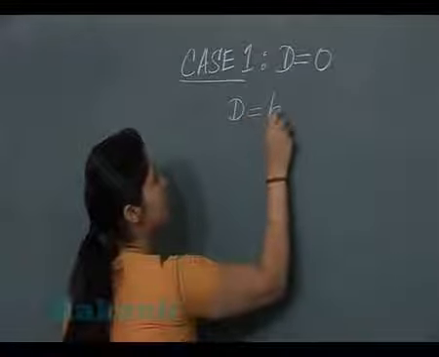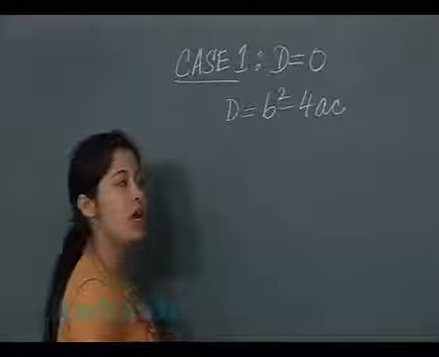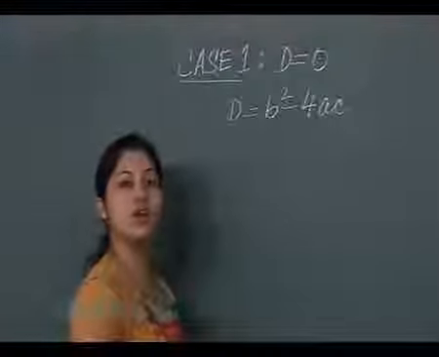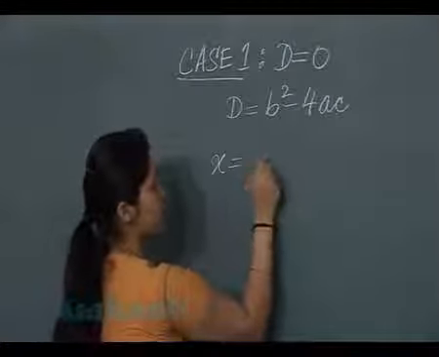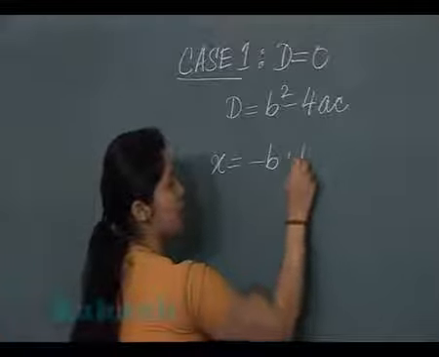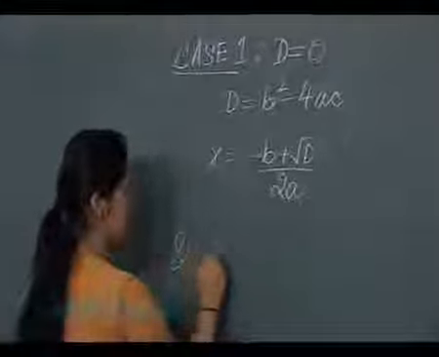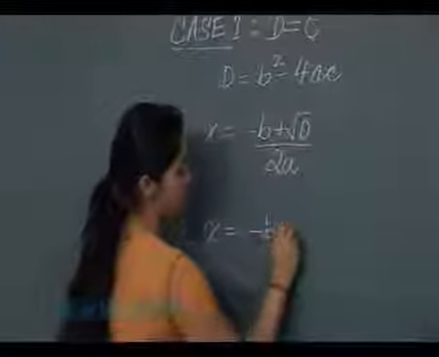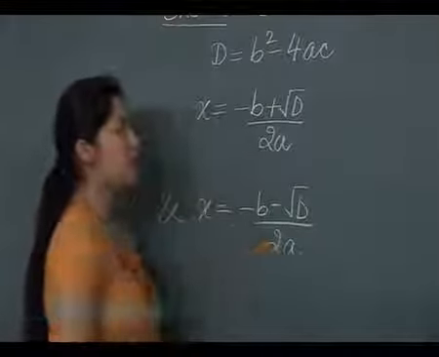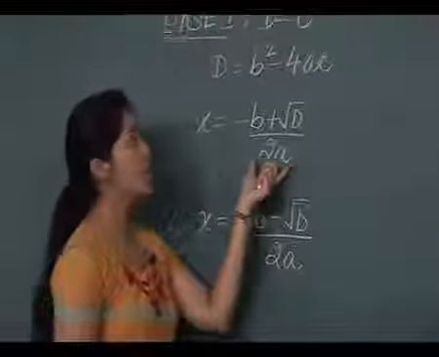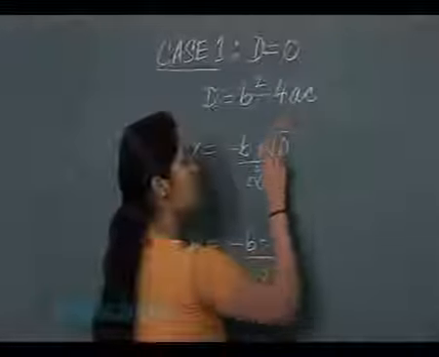D is b square minus 4ac, and we know that the two roots of the quadratic equation are given by x is equal to minus b plus root D upon 2a and x is equal to minus b minus root D upon 2a. Now here we are taking the case when D is 0. That means this is equal to 0.